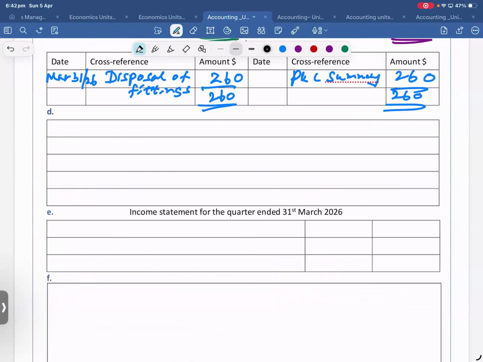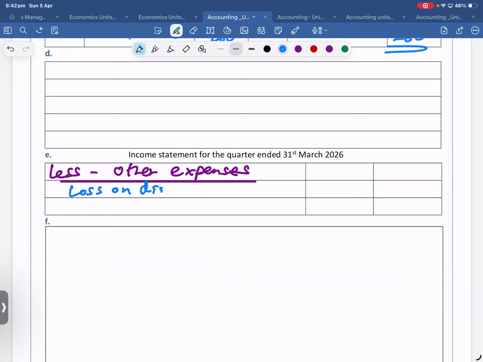So loss on disposal of fittings, 260. Okay. What else? Is that all?